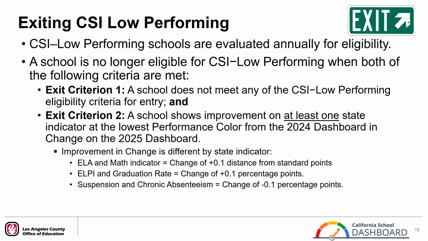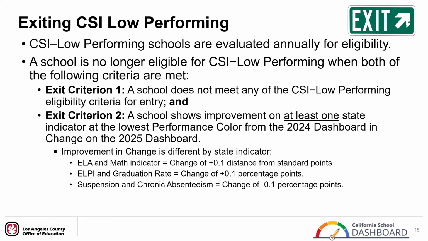Moving forward, if you exited this year, you had to have improved on the 2024 dashboard in one of the indicators from 2023. The reason this is significant is that you could have an instance where a student group changed in size, and an indicator fell off your criteria, and they don't want it to be just a mathematical change.